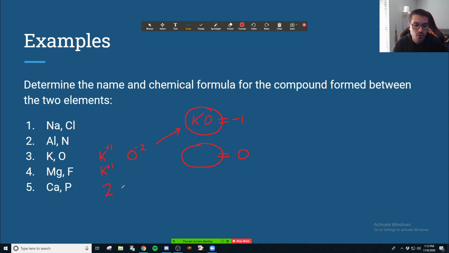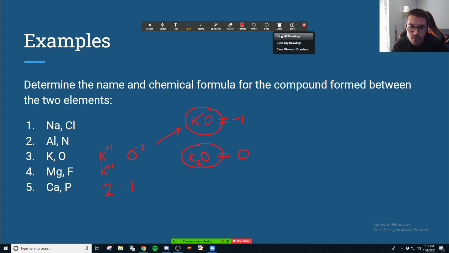This would be a 2-to-1 ratio. This is the answer. My formula then would be K2, that means 2 potassiums, O. Once again, I don't really need the number 1 there for the 1 oxygen. This is it. K2O. This formula has an overall charge of 0. That's what you're looking for.